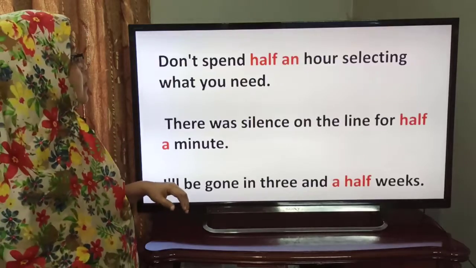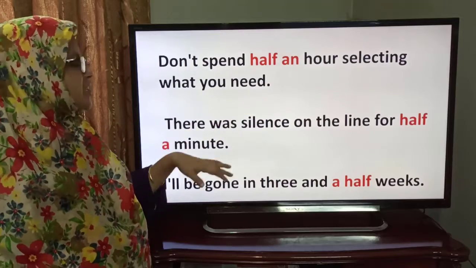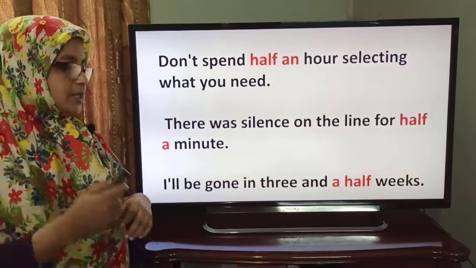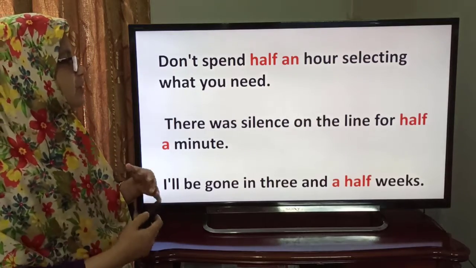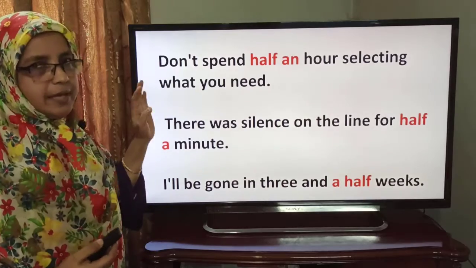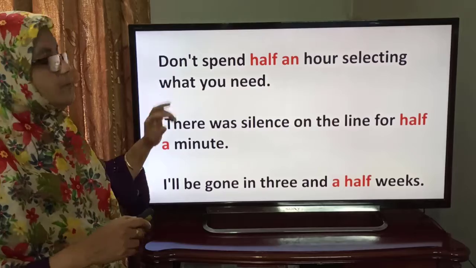Let's see: don't spend half an hour selecting what you need. Sometimes you have to choose something, but you fail to select. Suppose your mom said, don't spend half an hour selecting what you need.